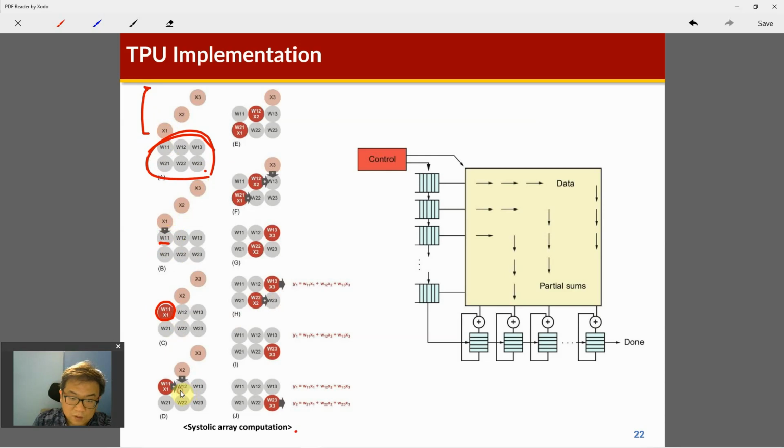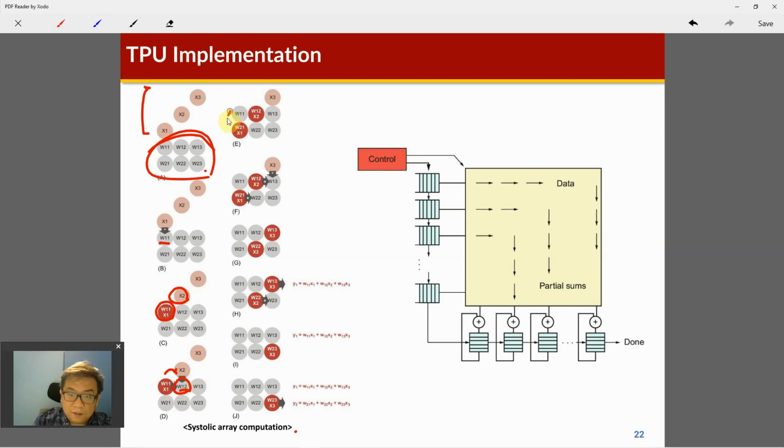Then x1 is also multiplied with the weight w12, and the input data x2 is used for the computation of this matrix multiplication.